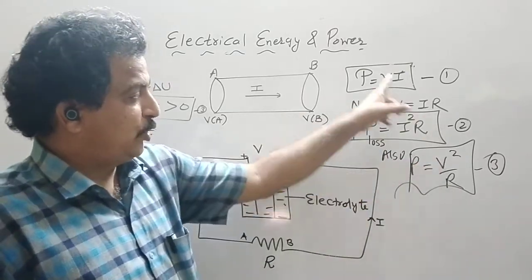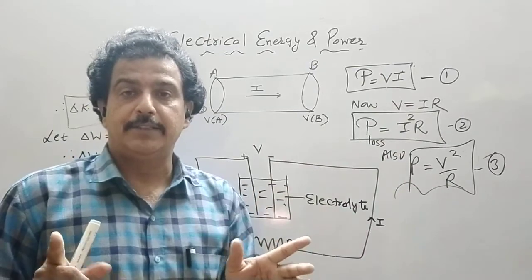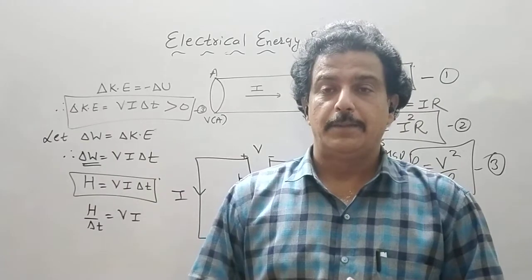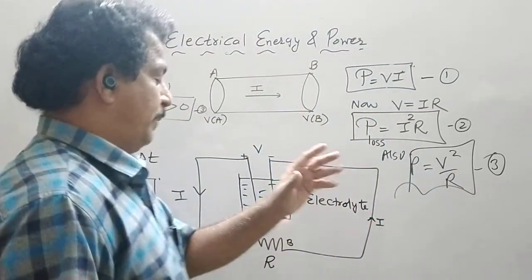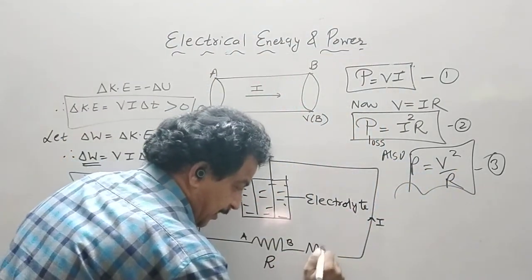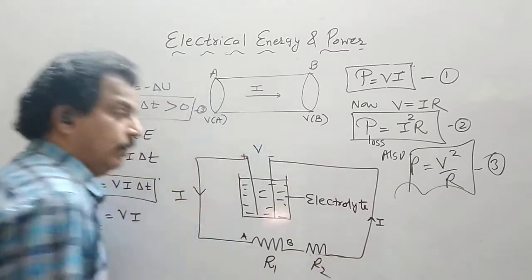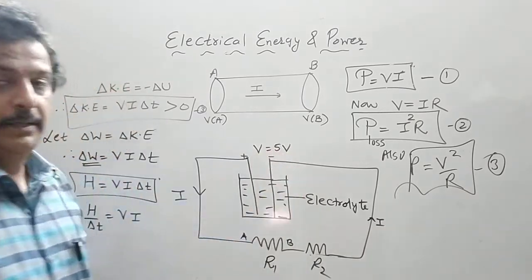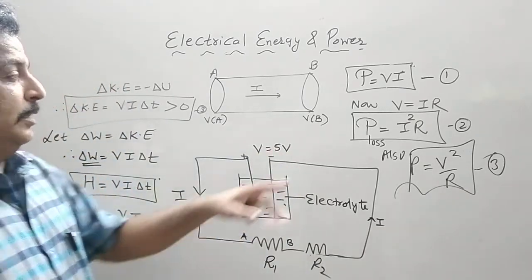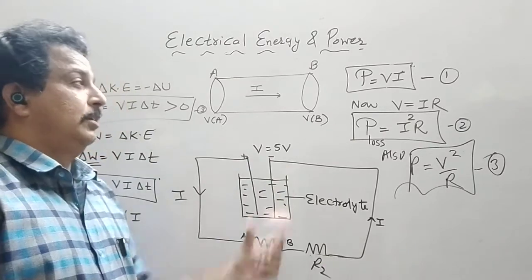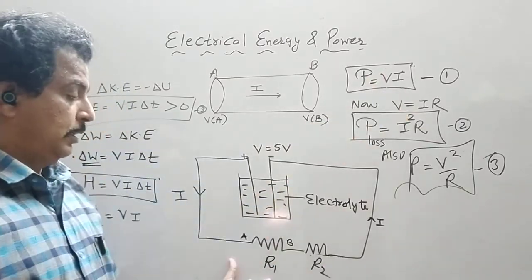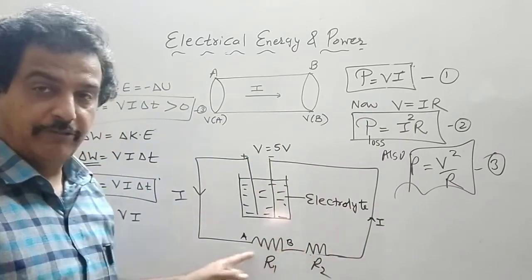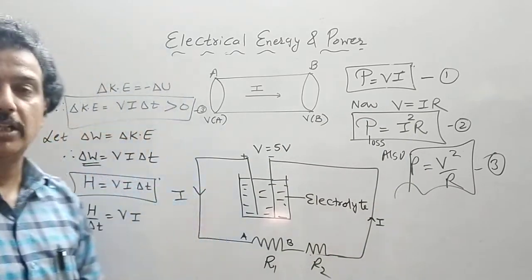You have to remember this V is the potential difference across the resistor or across a conductor you have connected in the circuit. Otherwise, see, if I have another resistance, say this is R1 and R2, then if this is a 5 volt cell, you cannot say the power loss in this is 5 into current, because we know in a series combination the potential difference is different.